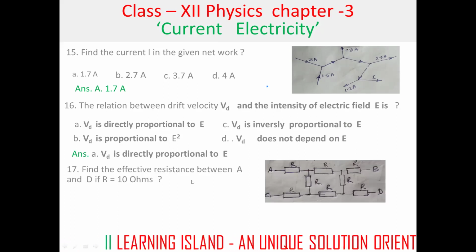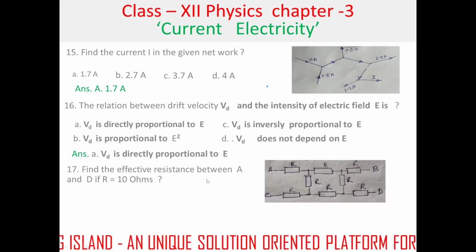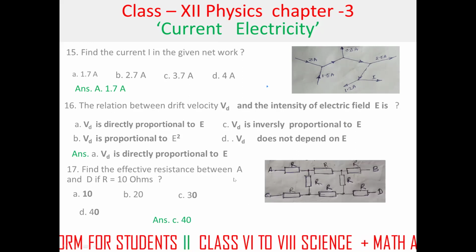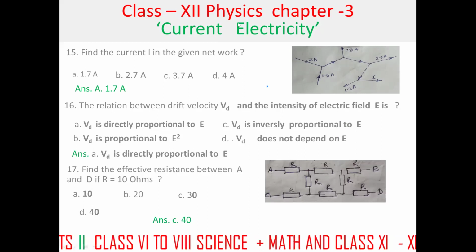Now the next question is to find the effective resistance between A and D. Here you see the value of R is 10 ohm. So options are this. So answer is 40. How does the answer come 40?